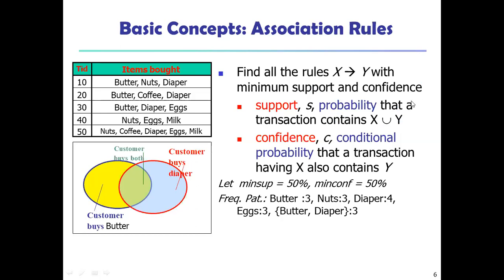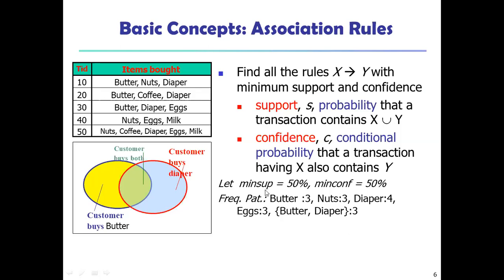So together it is X union Y, both will be there. That probability is the support: the probability that a transaction contains both X and Y. And confidence is the conditional probability that a transaction having X also contains Y.